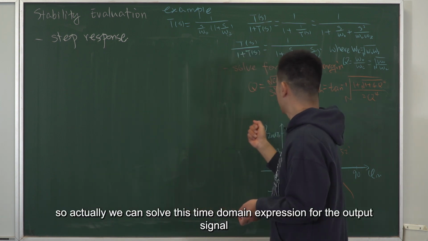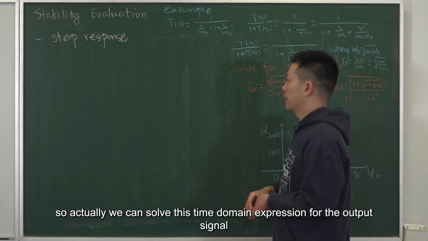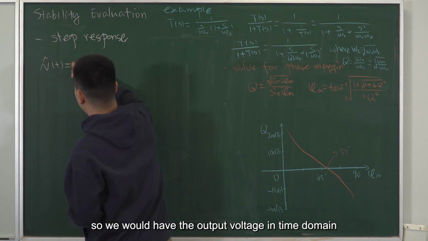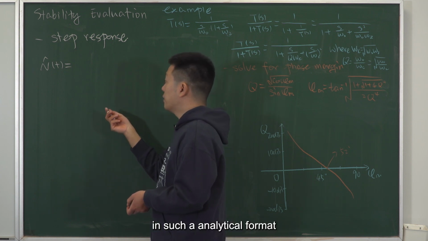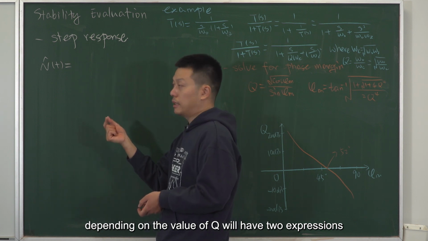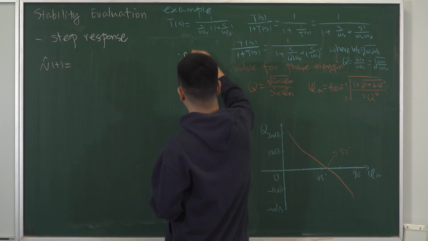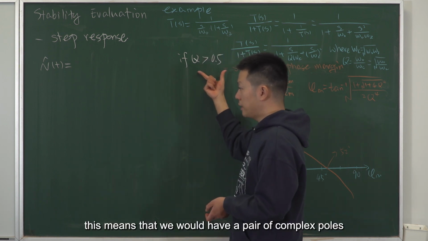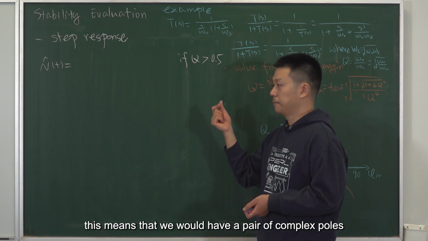So actually we can solve this time domain expression for the output signal. So we would have the output voltage in time domain in such an analytical format. Depending on the value of Q, we'll have two expressions. The first condition is that if Q is higher than 0.5, this means that we would have a pair of complex poles.